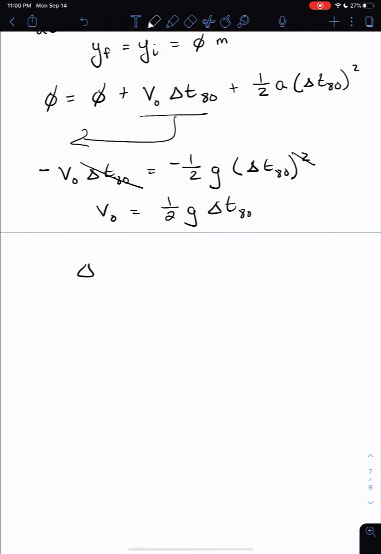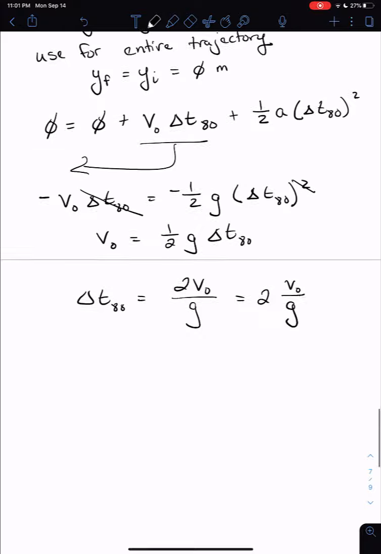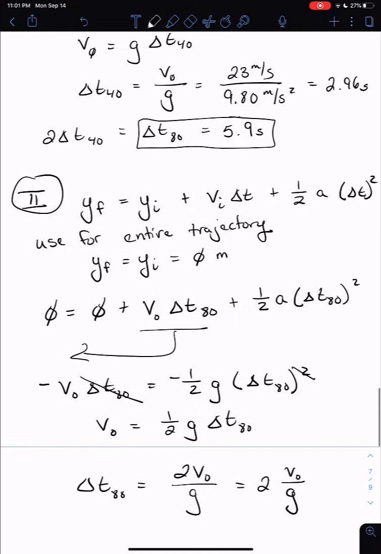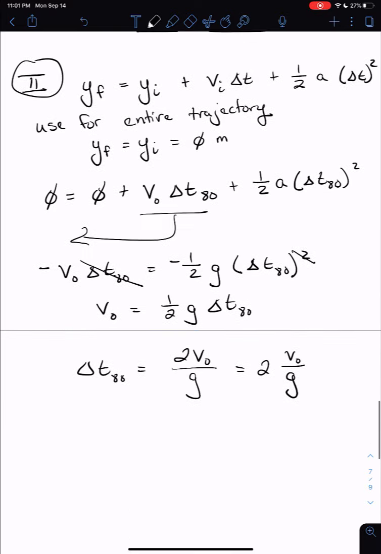Now I have only a little bit of algebra left to solve this. If you look at this, this is 2 times velocity over g, which is exactly the ratio we had up here in our first one, which means when you plug those numbers in, you'll find that the answer is, again, 5.9 seconds.